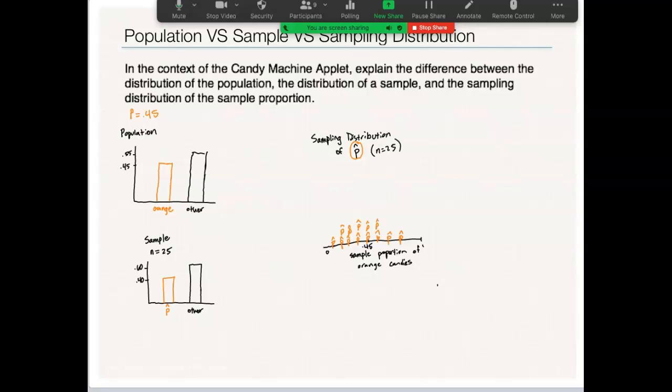So I'll try and draw it to be approximately normal and centered over the true population proportion, which was 0.45.